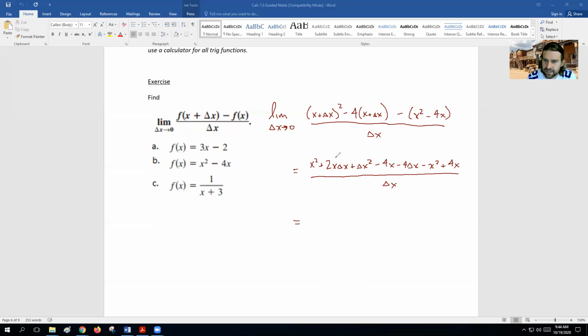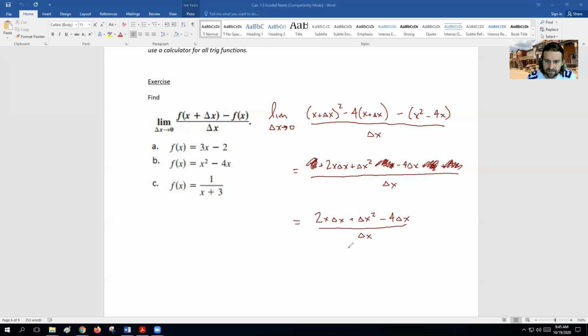So we got a lot of things canceling out. This x squared and this minus x squared go away. We have a minus 4x and a plus 4x. That goes away. So we're left with 2x delta x plus delta x squared minus 4 delta x, all over delta x.